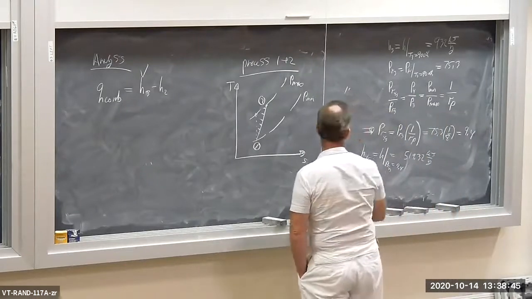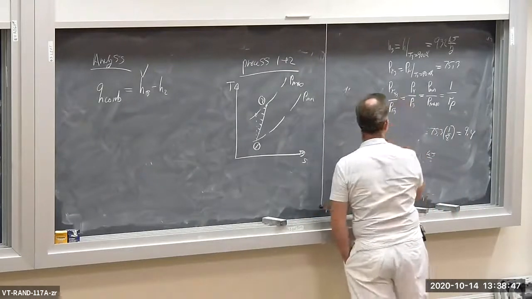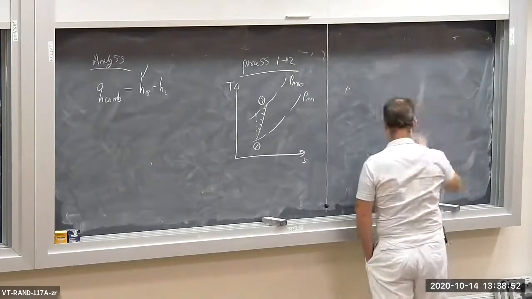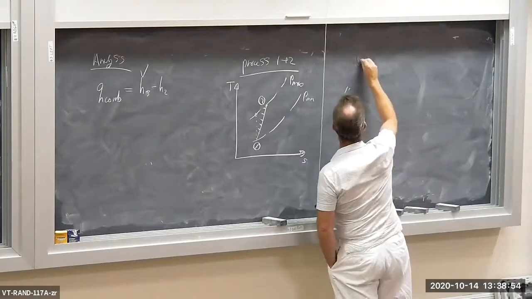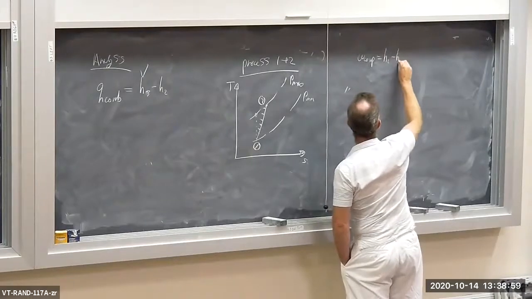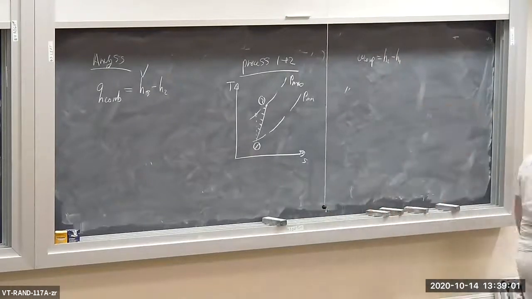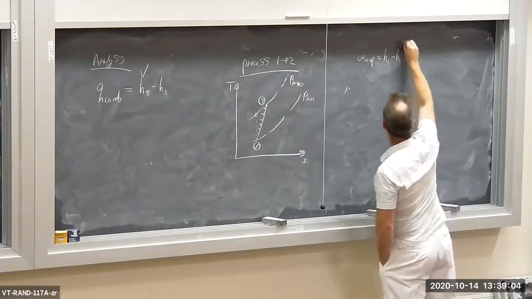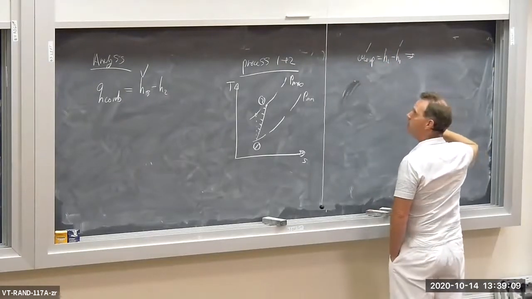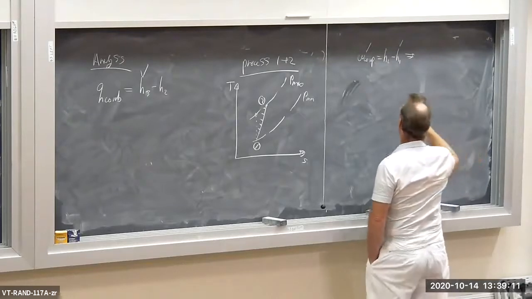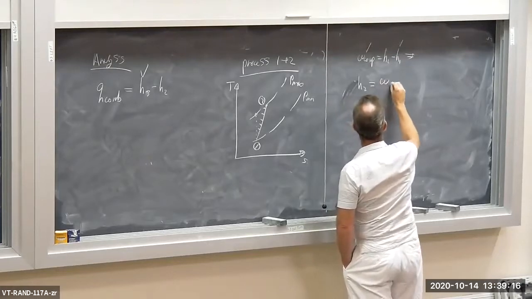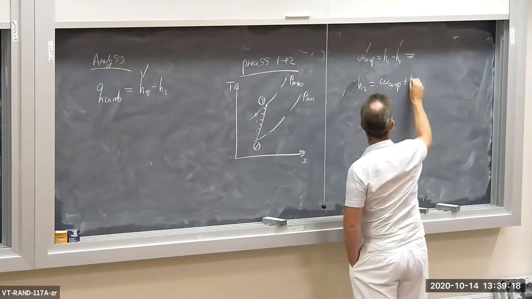If I apply the energy balance, I get W compressor equal to h2 minus h1. h1 I have, the compressor work I have, so h2 is equal to compressor work plus h1.